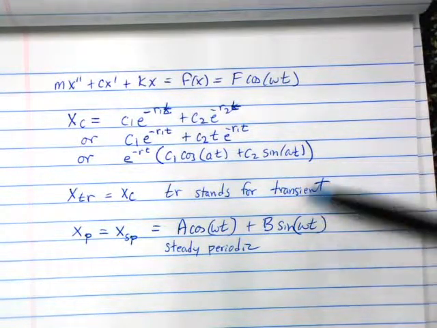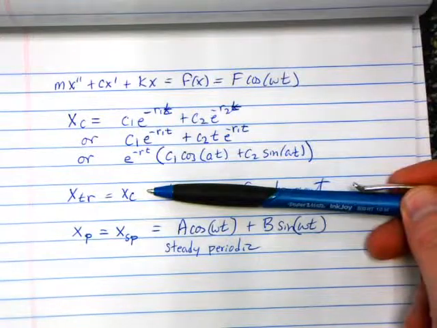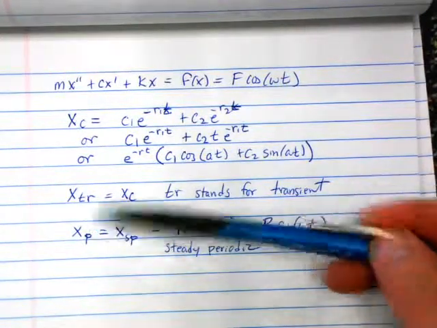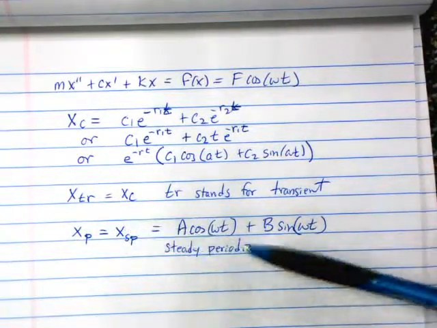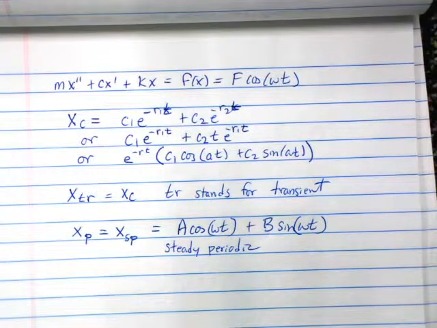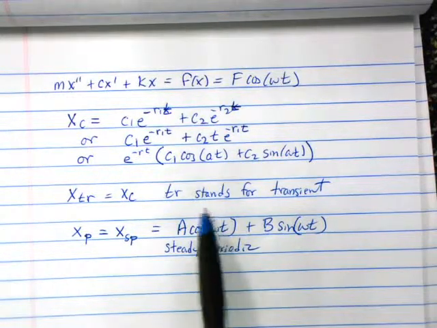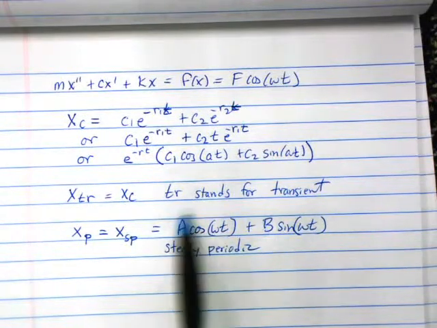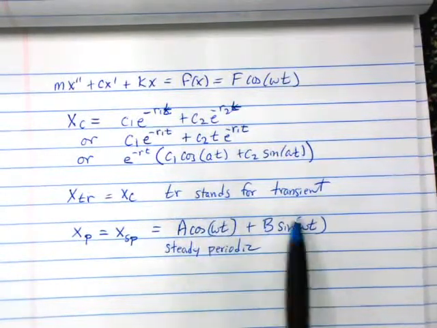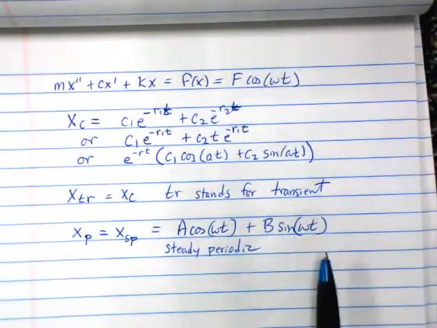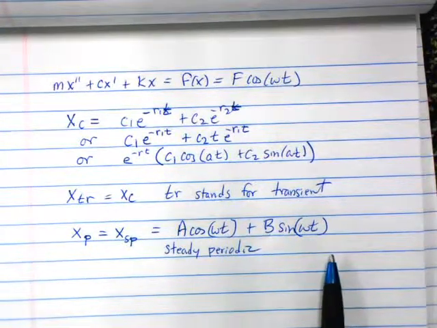So the transient solution is your complementary, that one goes away. Your particular solution is your steady periodic. What do we mean by steady periodic? It's going to keep it bouncing and moving in the shape of a what kind of curve? Sine or cosine. And remember, back before when we had a sine or cosine function plus a sine function, we did a whole bunch of fancy trigonometry, and we were able to write that as one function.